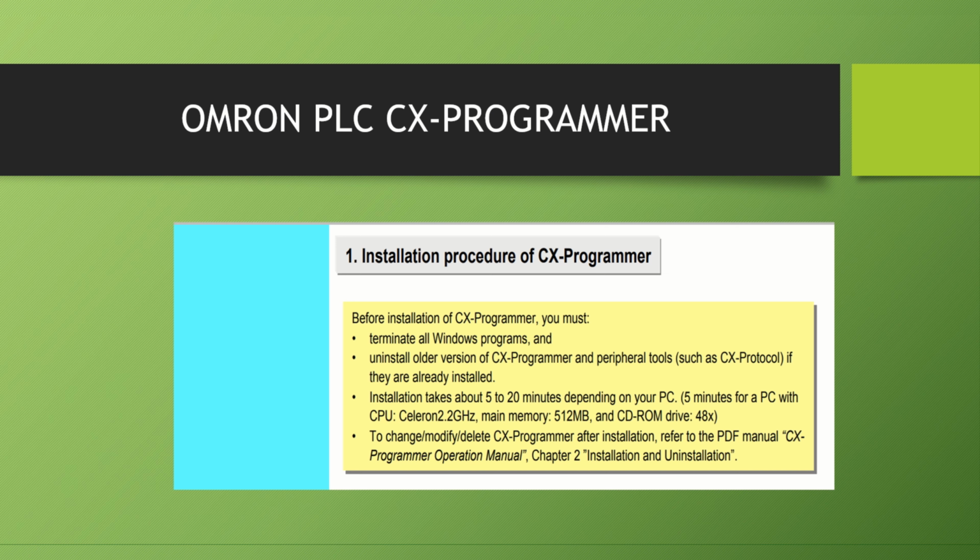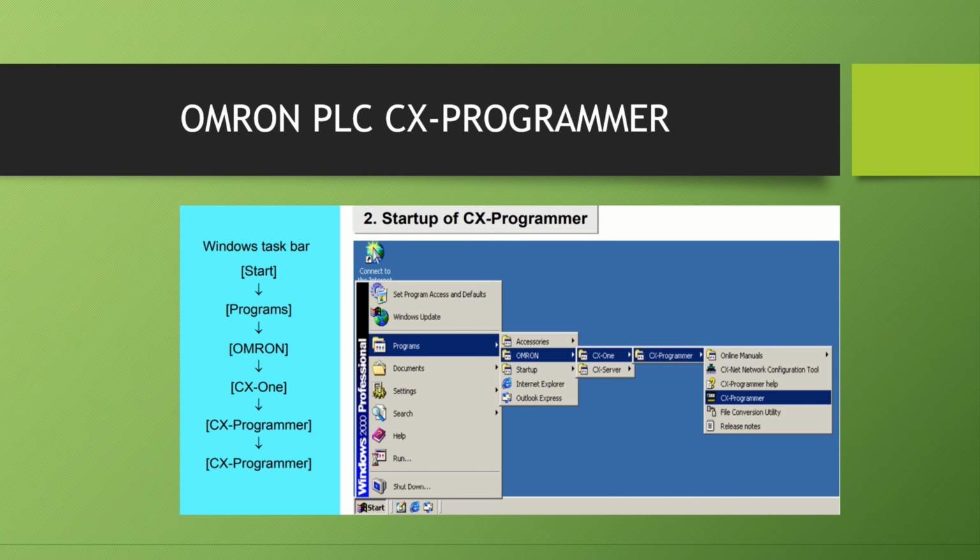First of all, if you have the installer of Omron CX-Programmer, we can start by installing the application program on your PC. Or you can install it later and just follow the installation procedure. After finishing the installation, for those who have Windows XP, you can access the CX Programmer as shown in the presentation.